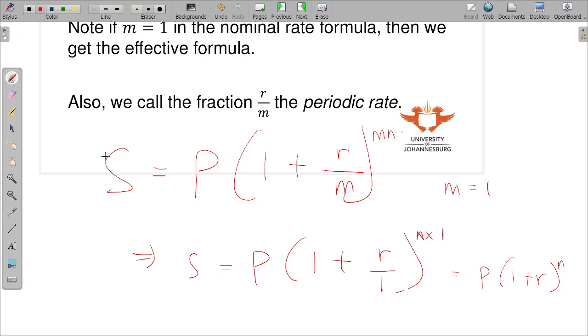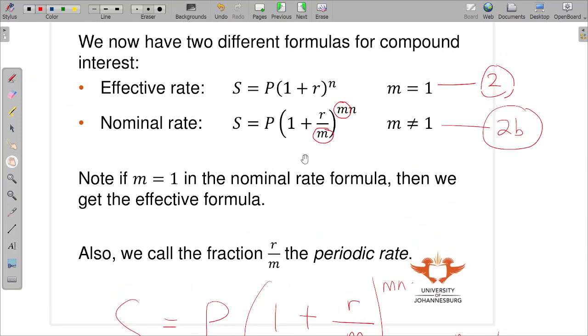So we get our equation 2 back when m equals 1. But this equation 2b is a general form, taking note of what m could be if m is not 1. Please ensure that you understand.